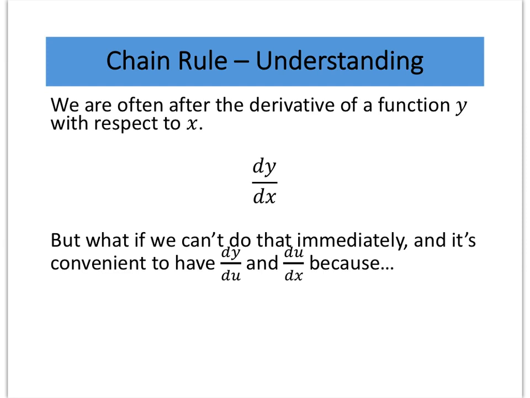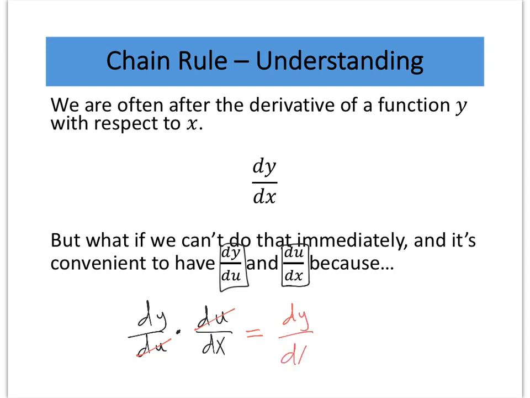It would be really convenient to have dy du and the derivative of some other function u with respect to x, because dy du times du dx, notice that this and this are the same, and when we multiply we can cancel things out like that, and so I get dy dx.